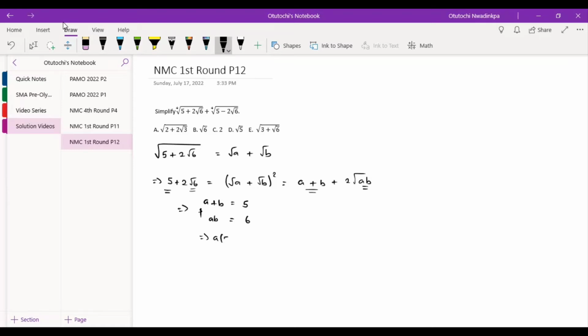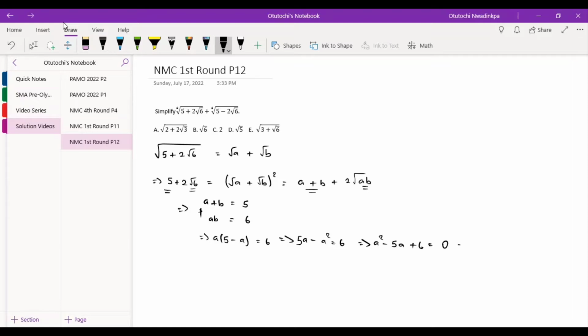So you have a times 5 minus a is equal to 6, which implies that 5a minus a squared is equal to 6, which implies that a squared minus 5a plus 6 is equal to 0.